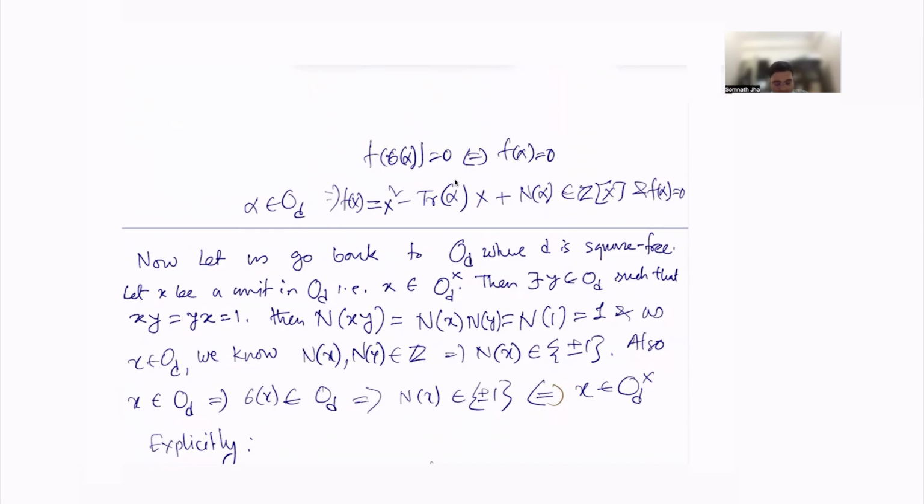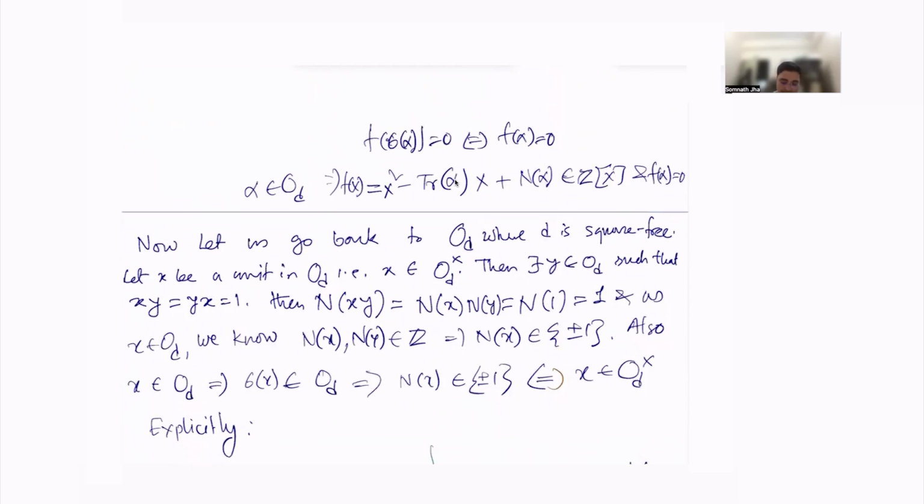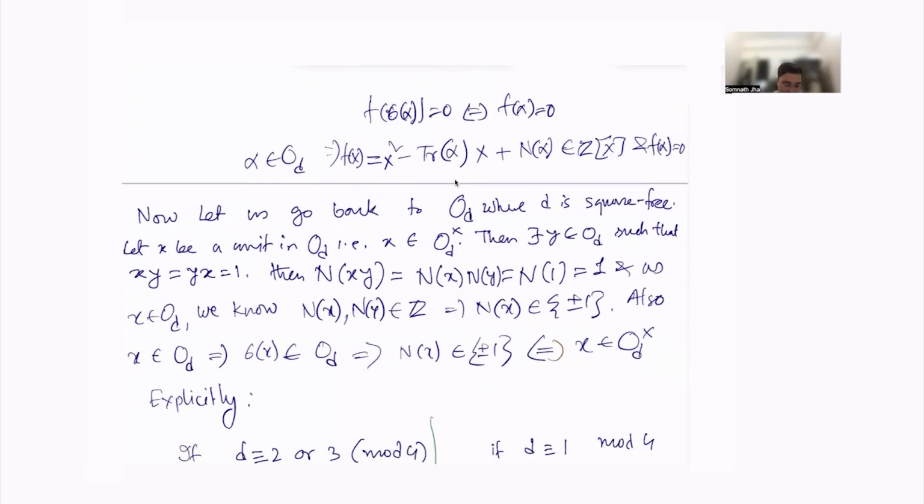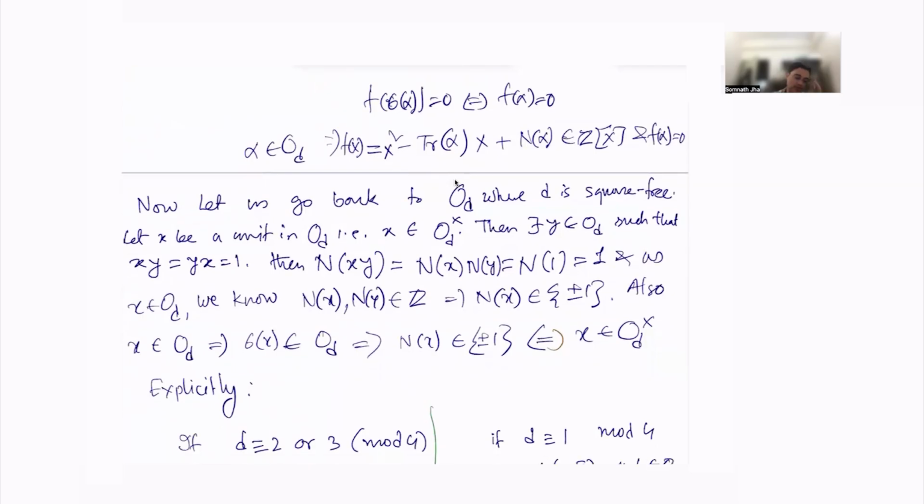So sigma x also belongs to O_D, so that means norm of x is plus 1 or minus 1. So x is in O_D star. So what we obtain is that x is a unit if and only if norm x is plus 1 or minus 1. Okay. So norm x is plus minus 1 if and only if x is in O_D star, right?